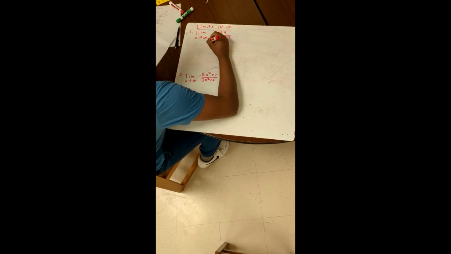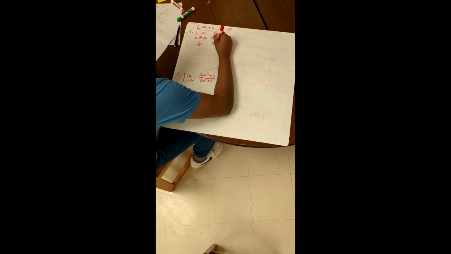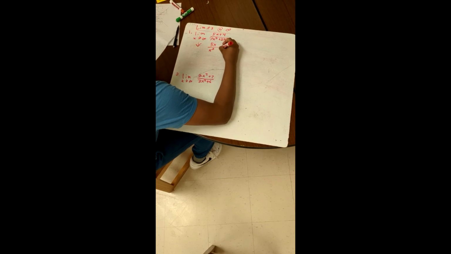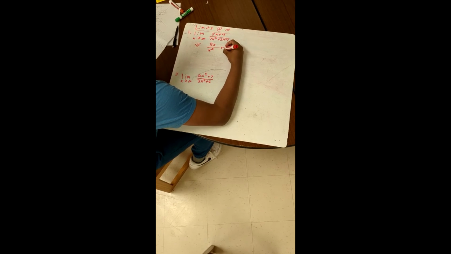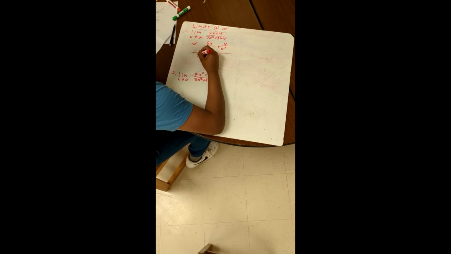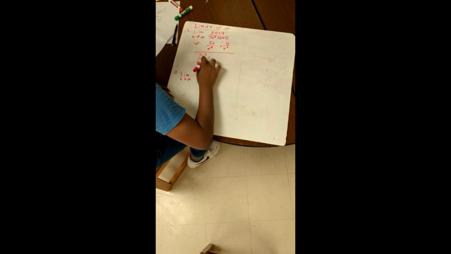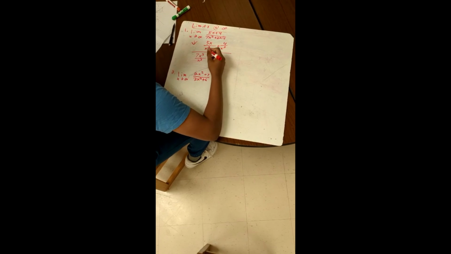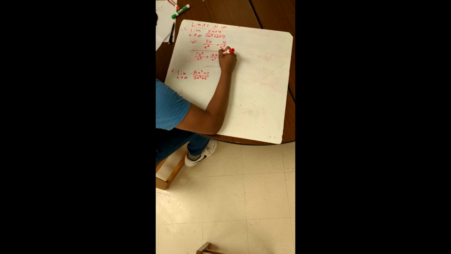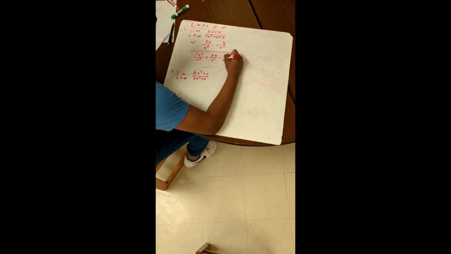So basically, the limit at infinity of 5x over x cubed plus 4 over x cubed, all over 7x cubed over x cubed plus 2x over x cubed minus 1 over x cubed.